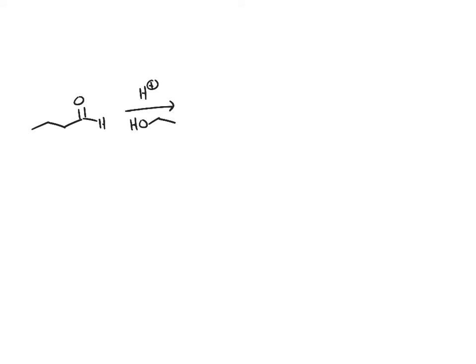So let's go through the mechanism for this one. To get to the acetal, we're going to use, in this case, an aldehyde, acid, and ethanol. All right, no excuse for anybody missing the first step. The first step is always protonating the carbonyl.